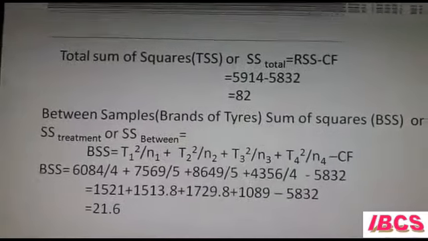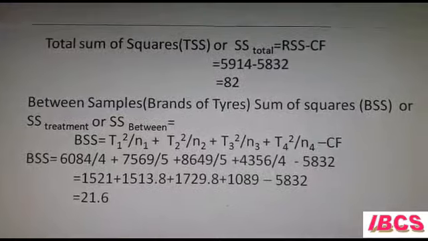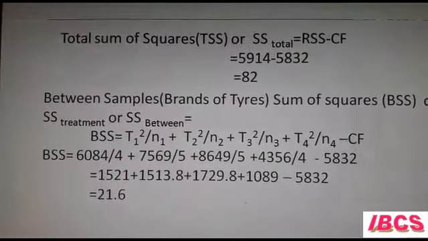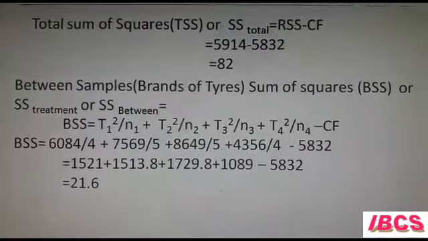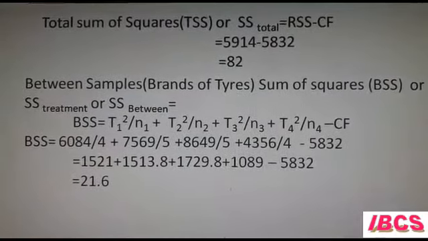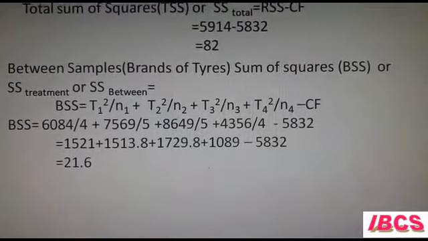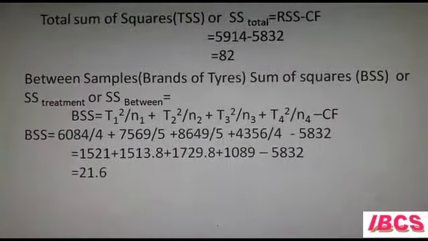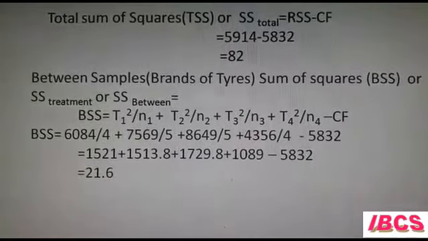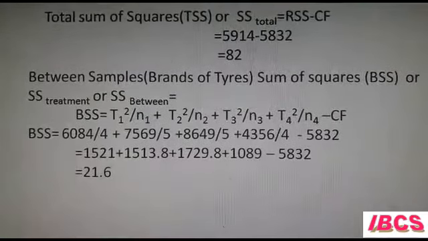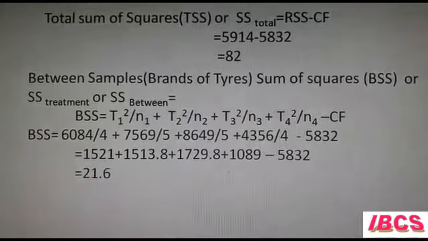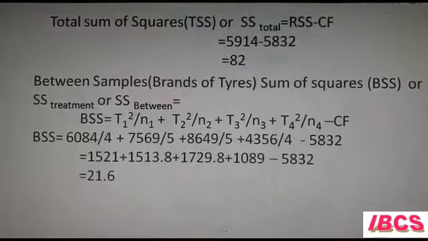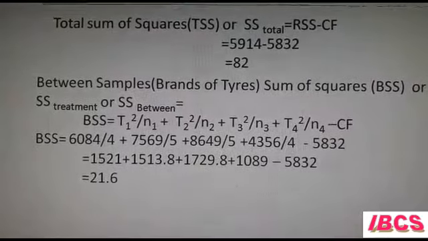Then we go for the total sum of squares, TSS or SS total. Sum of squares total is equal to RSS minus CF, correction factor. 5914 minus 5832 is equal to 82. Then we go for between samples sum of squares, BSS or SS treatment or SS between. BSS is equal to T1 square by N1 plus T2 square by N2 plus T3 square by N3 plus T4 square by N4 minus CF.